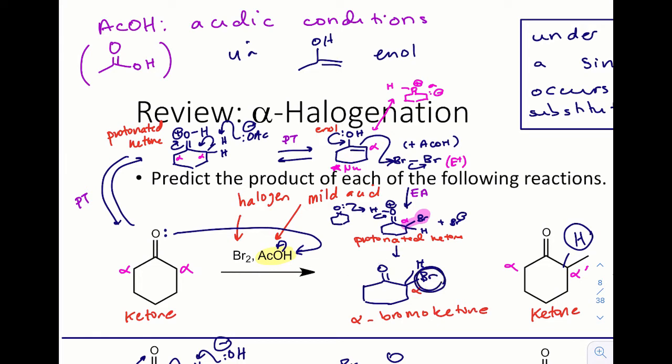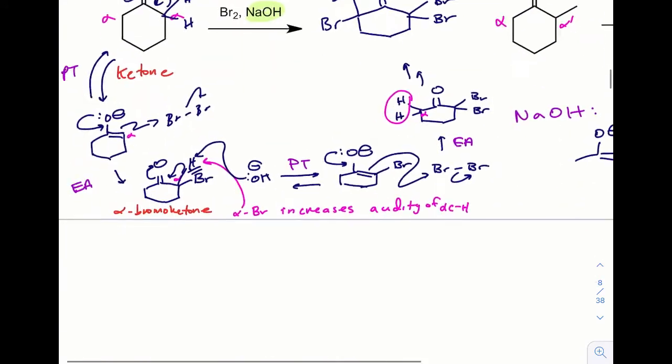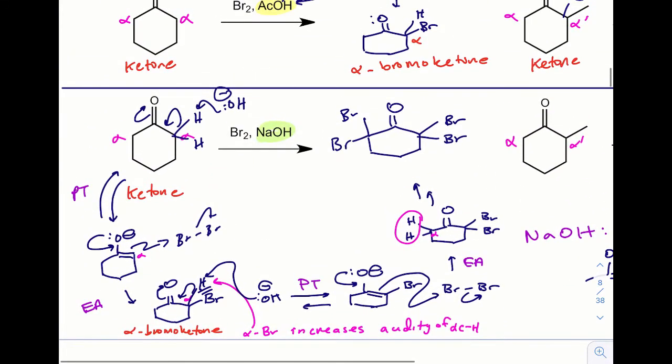Well, once you have an electron withdrawing group, that actually makes these electrons less basic, less likely to accept the proton from the mild acid. So under acidic conditions, the product is actually less reactive than the starting material, so it stops. But under basic conditions, the product is more reactive than the starting material, so it keeps going.